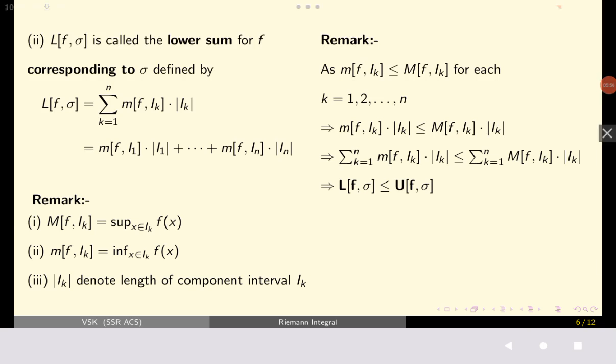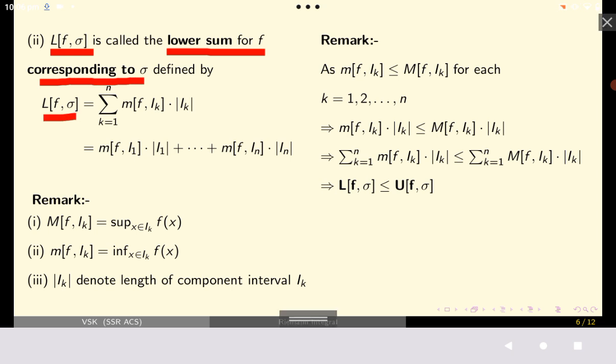Similarly, the lower sum LF sigma is called the lower sum of f corresponding to sigma, and it is defined by LF sigma is equal to summation k is equal to 1 to n small mf on Ik into length of Ik. That is, the infimum value of f on I1 into length of I1 and so on, up to the infimum value of f on In into length of In.